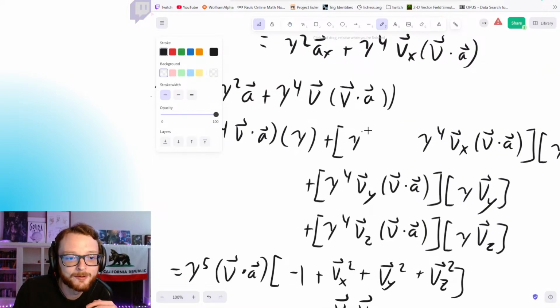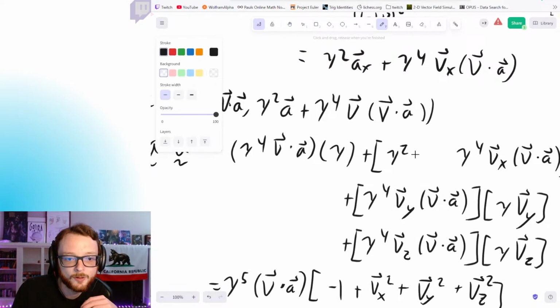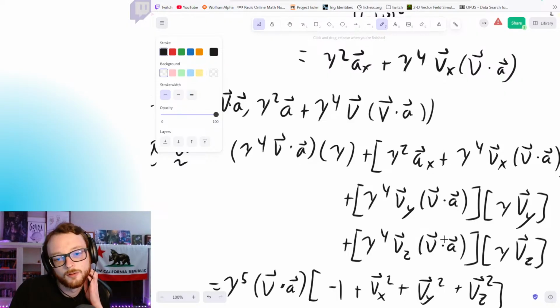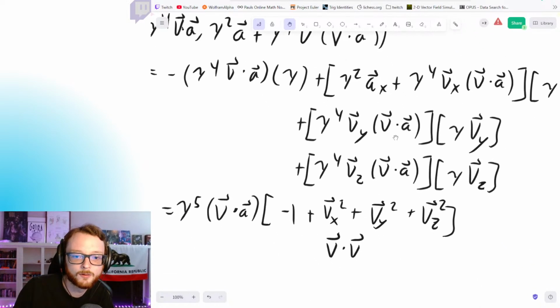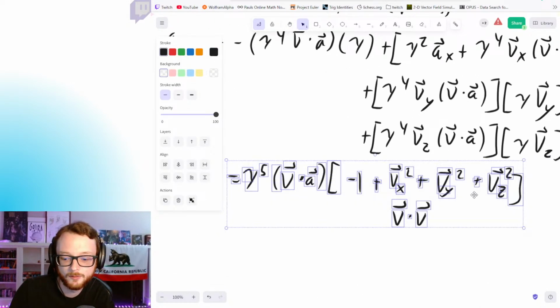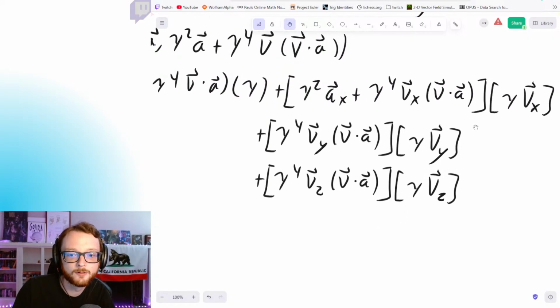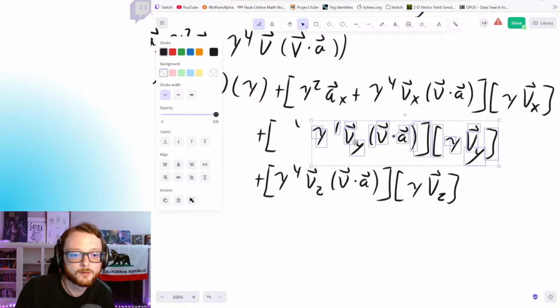Okay. Gamma squared, this should be the x component of A. Oh, okay. So we need to update a bunch of this stuff.